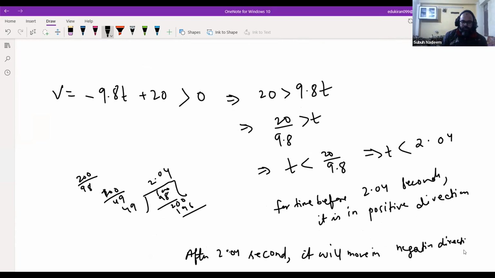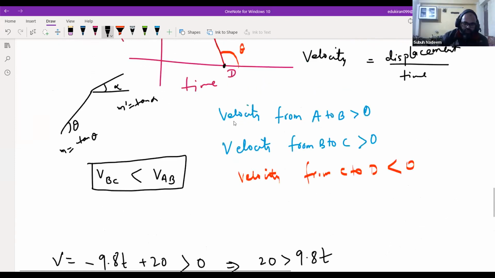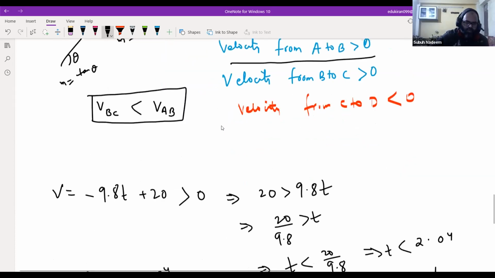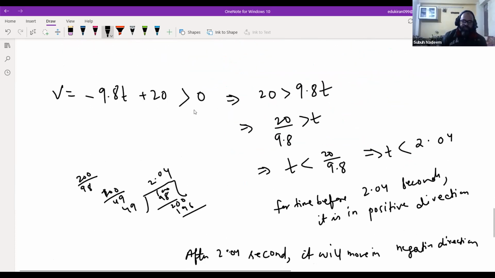Is it okay? Yes, sir. This we did earlier also. Here, velocity from A to B was greater than 0. That was the slope, that is the derivative. So here also, when you find the derivative, you will say it is greater than 0. So time you will get here is less than 2.04 seconds, and after 2.04 seconds it will mean negative direction.